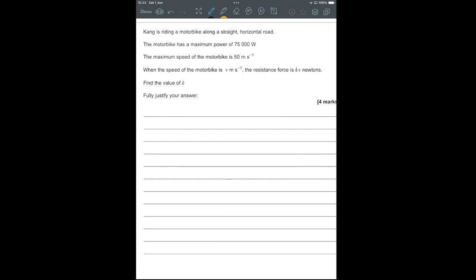Well, at max speed, we have no acceleration. So maximum speed implies that the driving force is equal to the resistive force. So the driving force is equal to kV, but now V is 50. And now if we use our power equation, power equals force times velocity, so 75,000 is the 50k times by the velocity of 50.